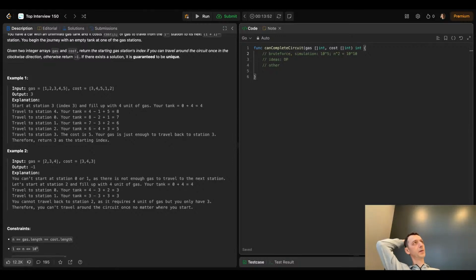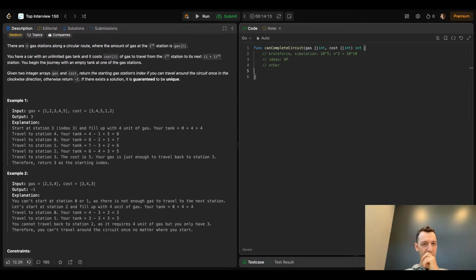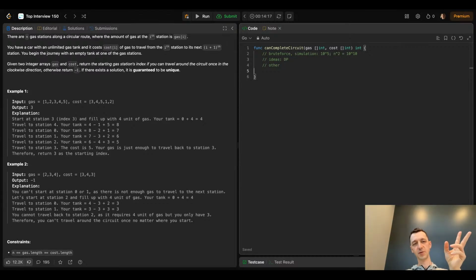Let's say there are just two or three stations, or two distances we need to make, two segments of the path, and one of them is positive on the cost, and the other one is negative.